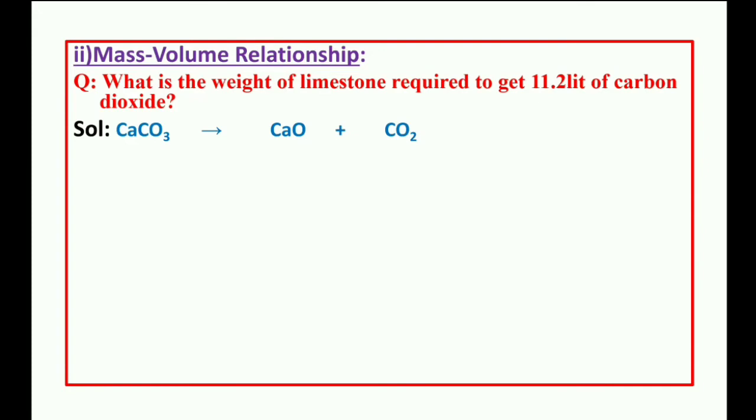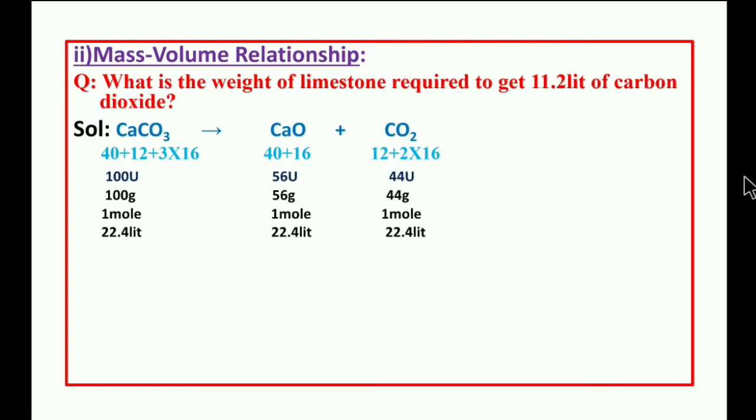As usual, the molecular mass of calcium carbonate is 100 grams, or 100 units, or 1 mole of calcium carbonate, which occupies 22.4 liters. Calcium oxide's molecular mass is 56 grams, or 1 mole, or 22.4 liters.